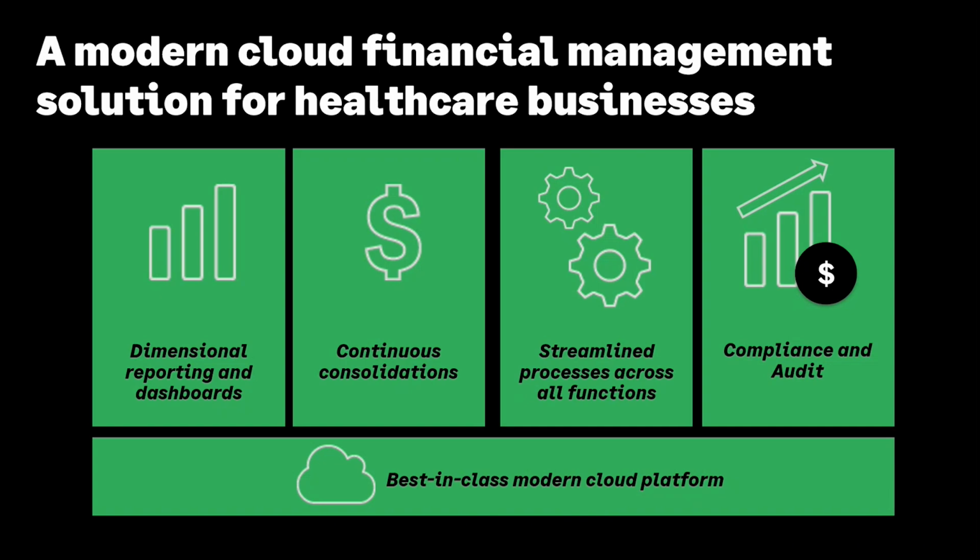We want to take away some of that repetitive work and automate that for you. So we're going to deliver those best practices, and then we're also going to give you the flexibility to change those processes to match how you choose to use them. Along the way, we're going to make sure that you are adhering to any of the compliance requirements and delivering full audit trails. All of this is based on a best-in-class cloud platform.